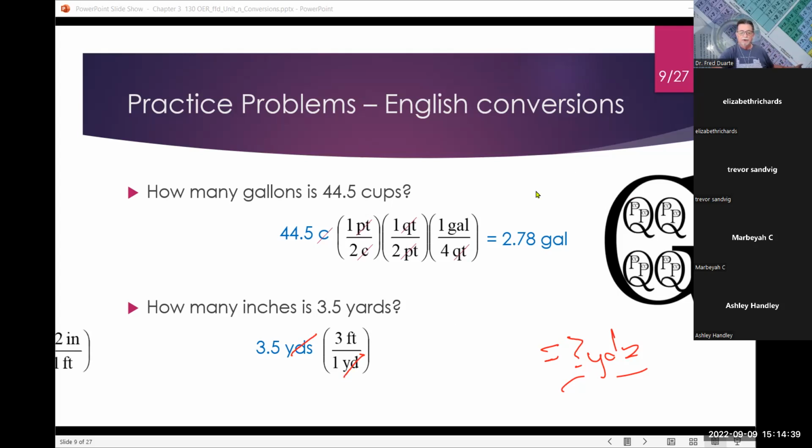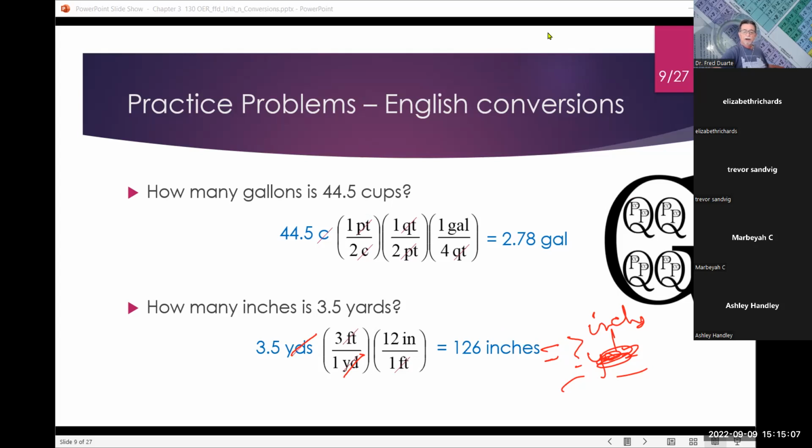I'm not in inches yet, but I can put in one more factor, which goes from feet to inches. Oh, I was wondering what I did here. I need to pay attention: I start off in yards. All right, and now I just do the math.